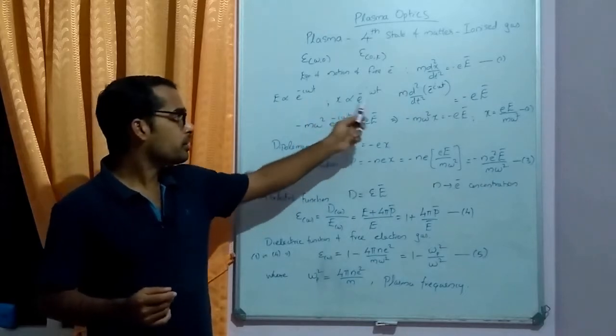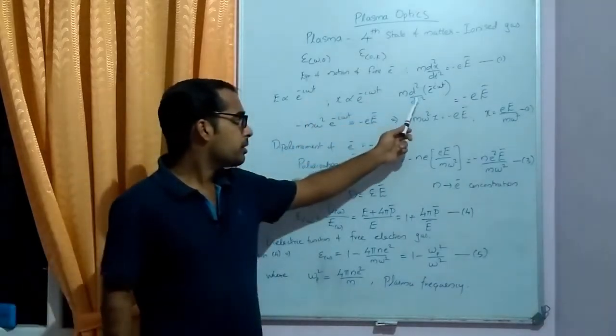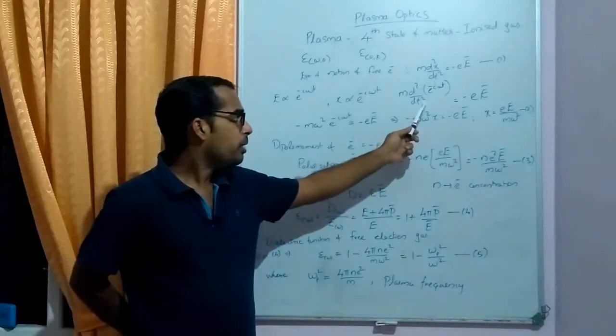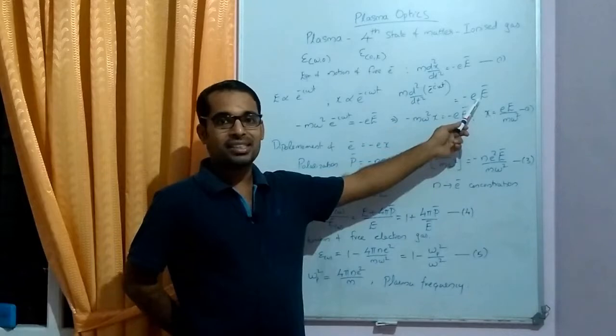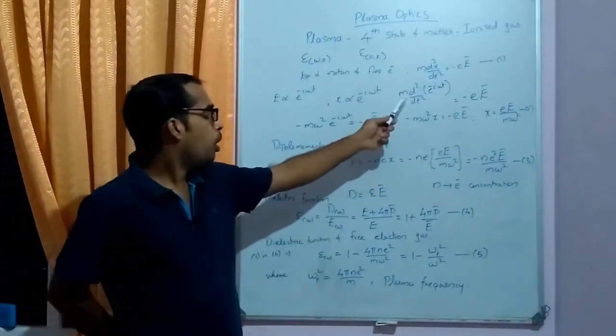If we substitute these values, we get m d²/dt² of e^(-iωt) = -eE.